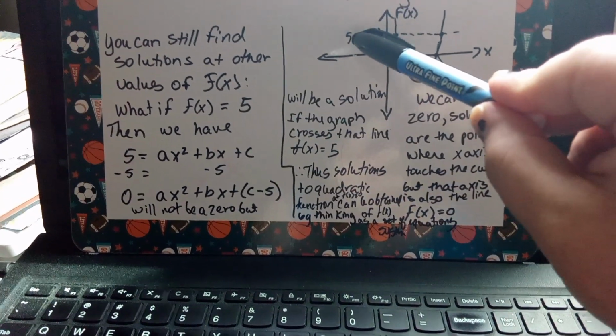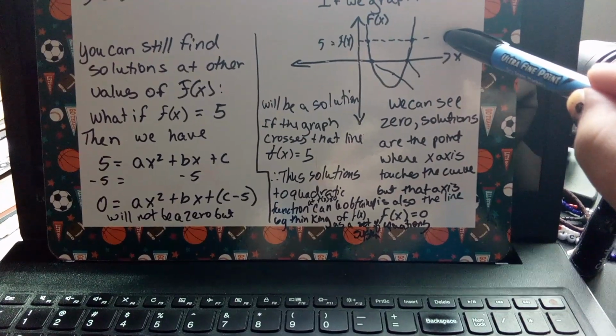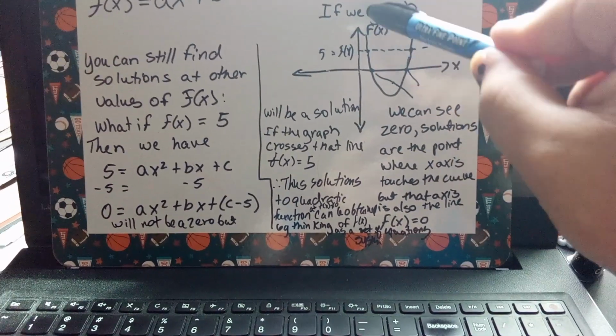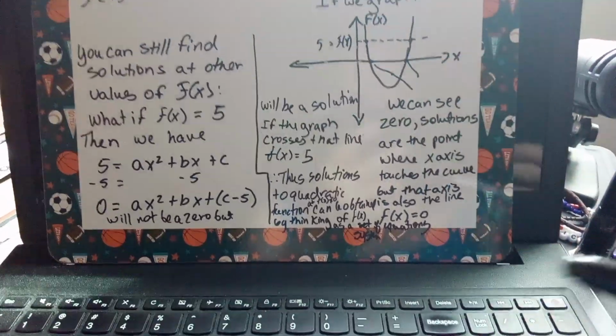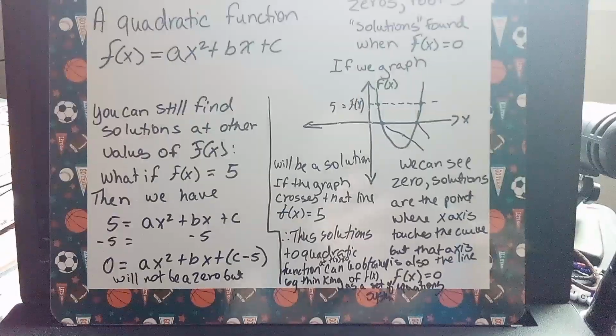What I'm looking at is, if f of x equals 5, then I'm looking at this particular constant line and trying to see if that line crosses or touches the quadratic function. I don't know if this makes sense, but it's something that I've been thinking about.